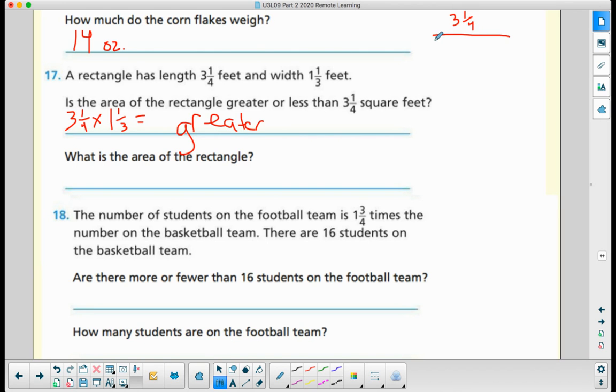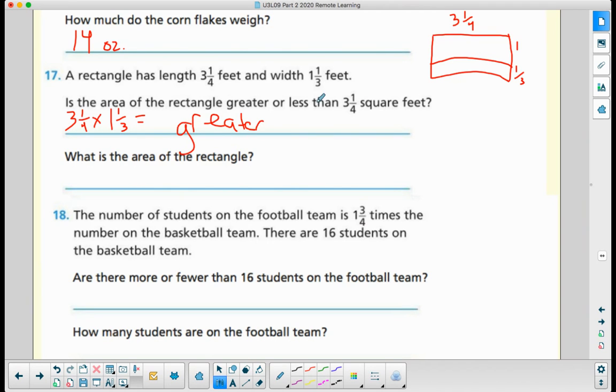My width is 1, so that would be 1 multiplied by 3 1/4, but it's also another 1/3 in length. So it's 1 1/3. So it's going to be 3 1/4 squares and another third of 3 1/4. That shows right here it's greater.